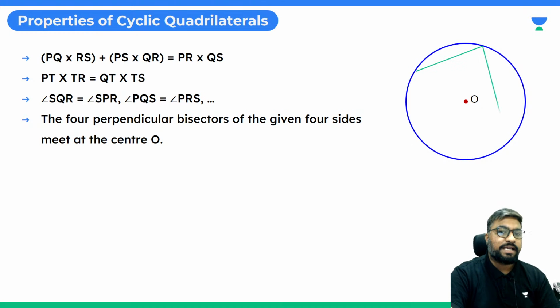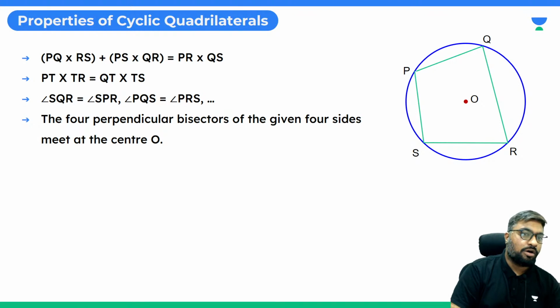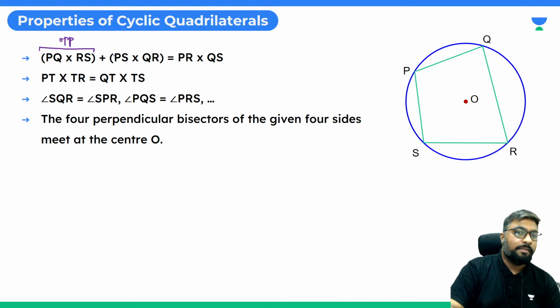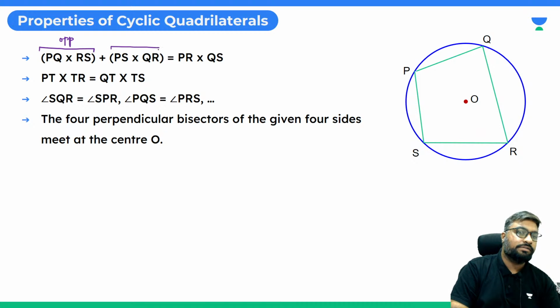In a cyclic quadrilateral, PQ into RS, opposite sides, plus PS into QR, opposite sides.